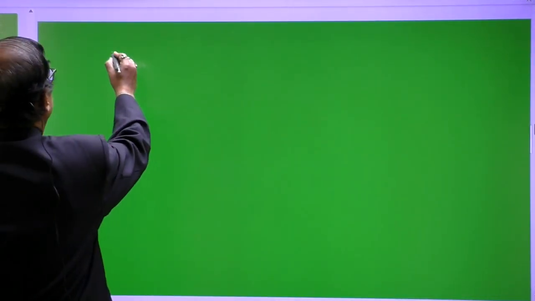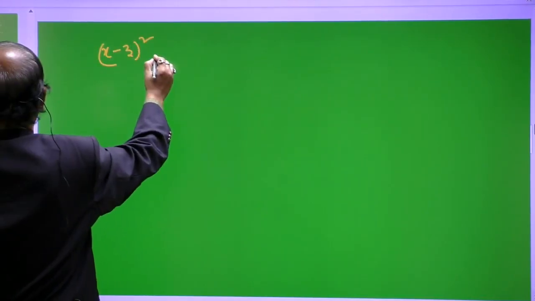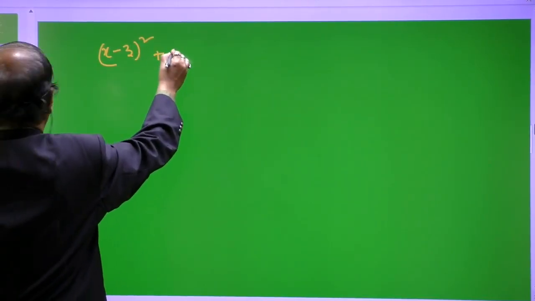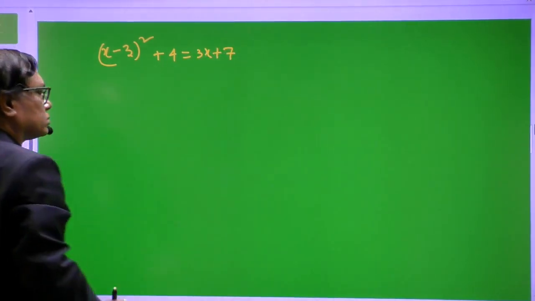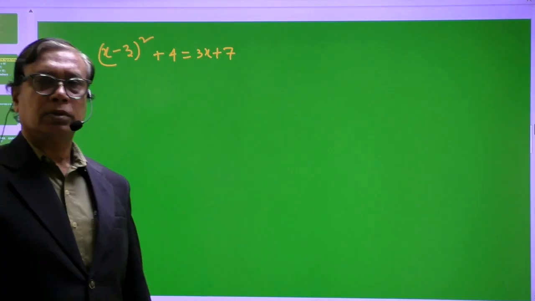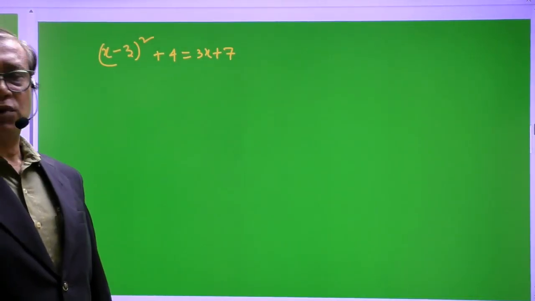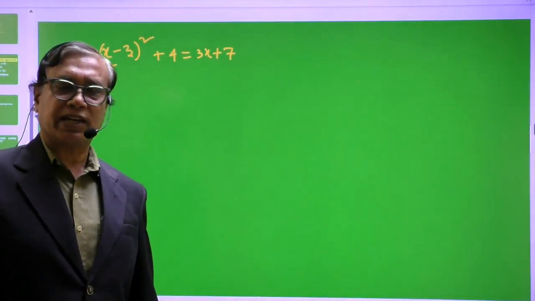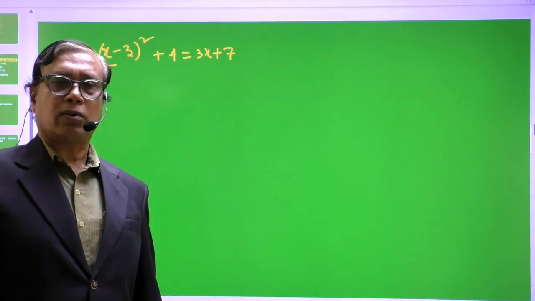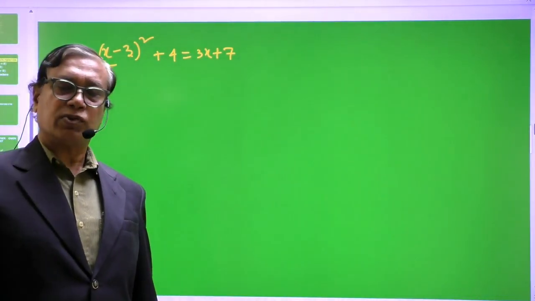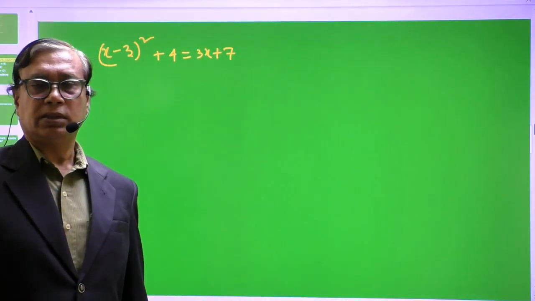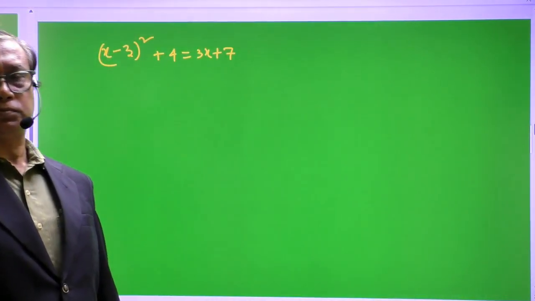Now take the first equation: (x minus 3) whole square plus 4 equals 3x plus 7. Remember, when an equation is given and we have to check whether it is a quadratic equation or not, first we have to simplify as much as possible.